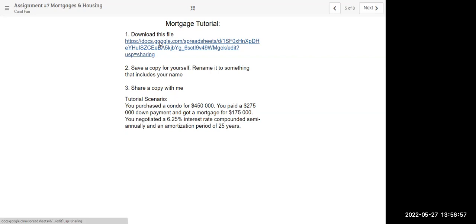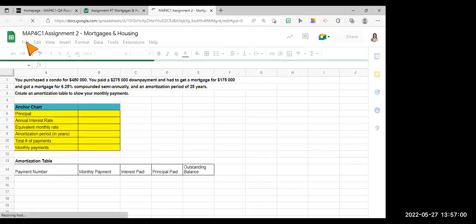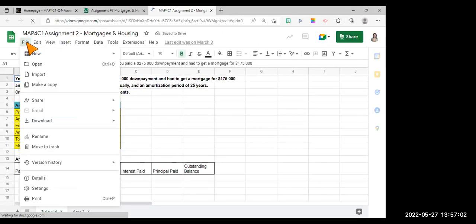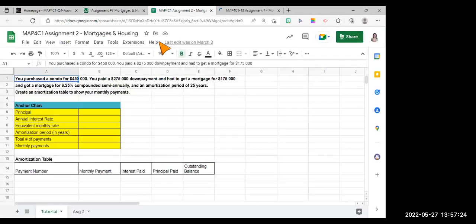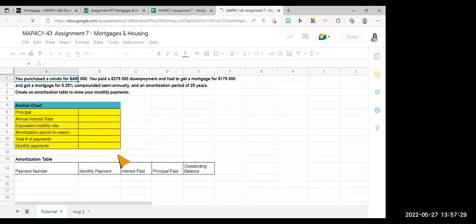Let's save it as a copy. Okay, so here's our scenario.